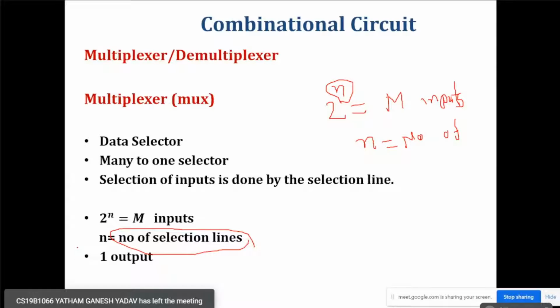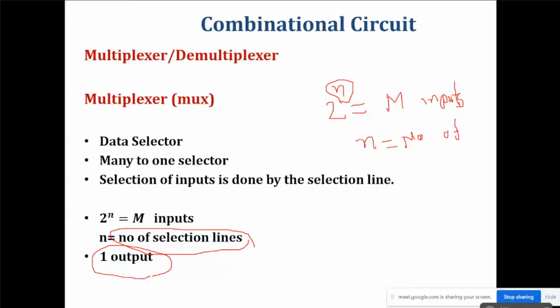It directs one of the inputs from those multiple inputs towards one output. So a multiplexer contains various inputs, some combination of selection lines, and one output. The short form of multiplexer is MUX.